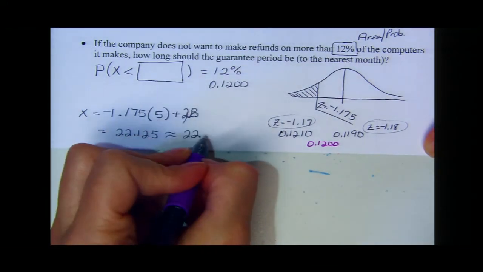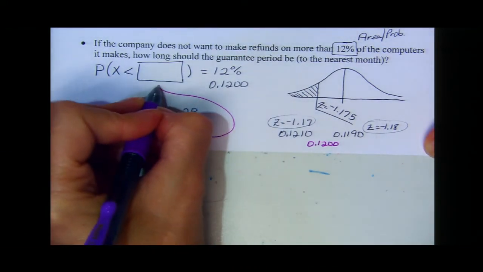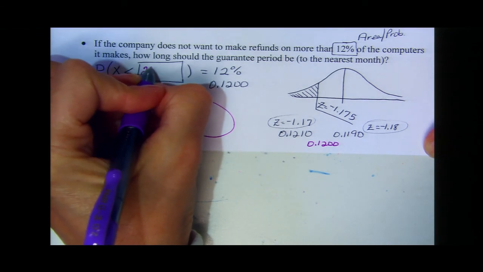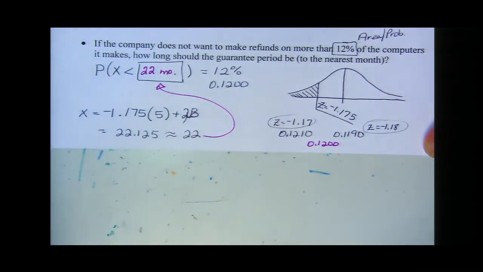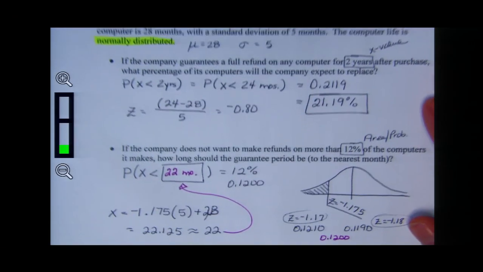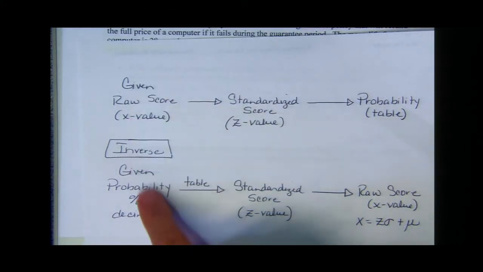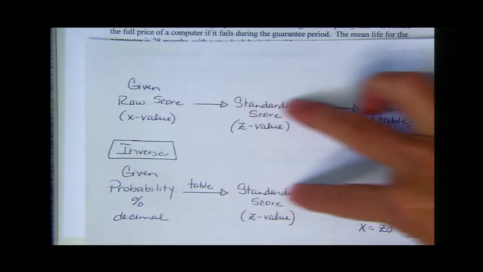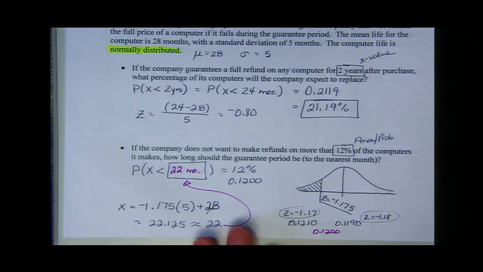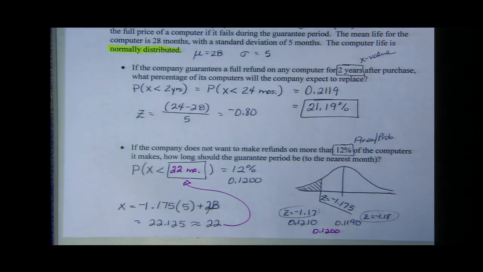So the guarantee period would be 22 months. In this, the main thing is recognizing what's given and which direction to go. So pay attention to what's given, and then you'll know which sequence of steps to use. That completes 6.3.